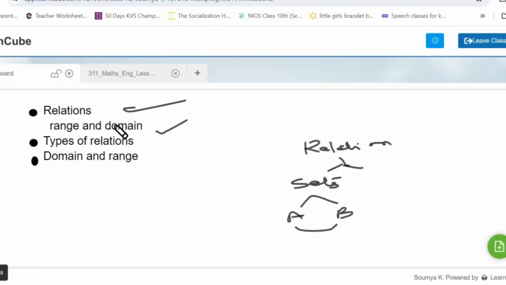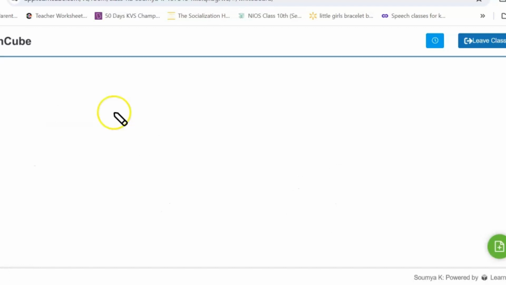Okay, so this is done, right? We have got different types of relations. First one is empty relation. We are discussing some relations which are required for your chapter.